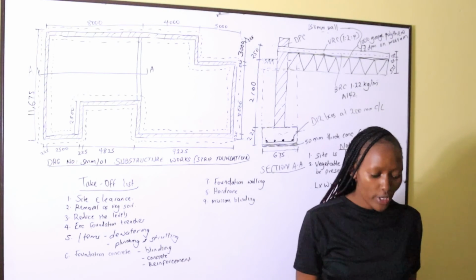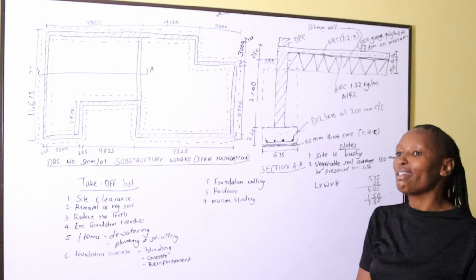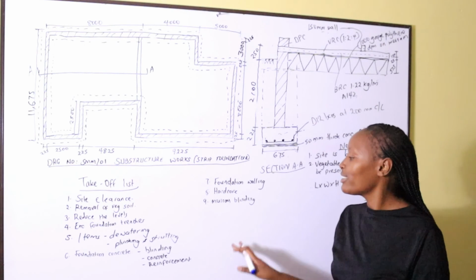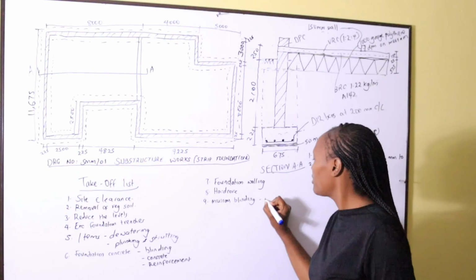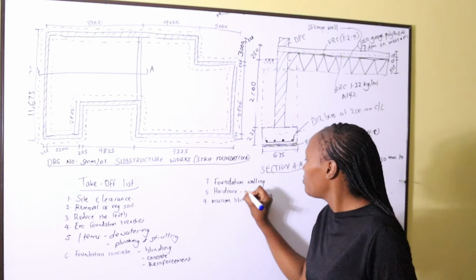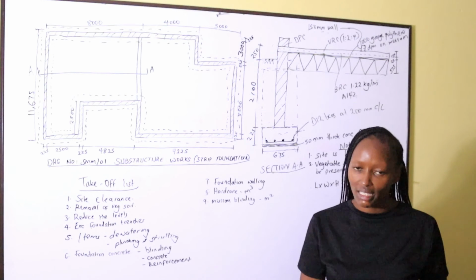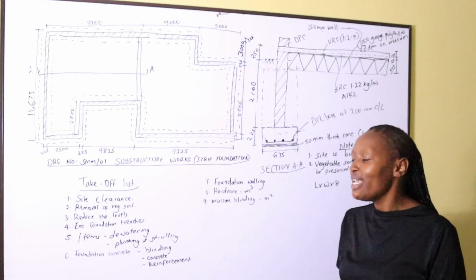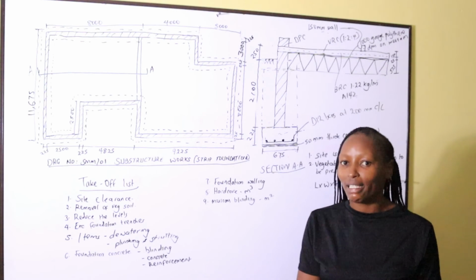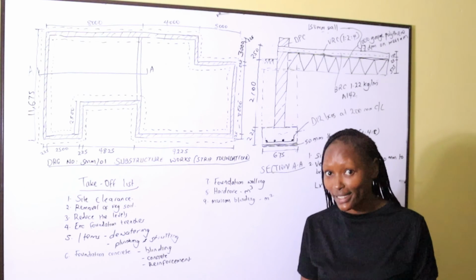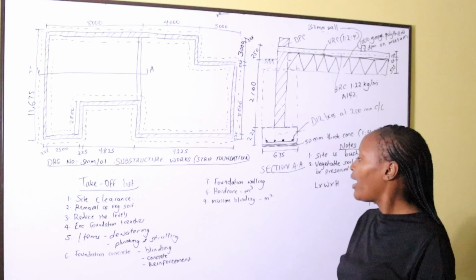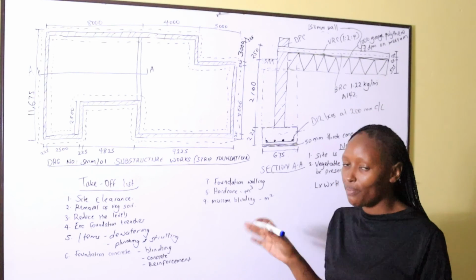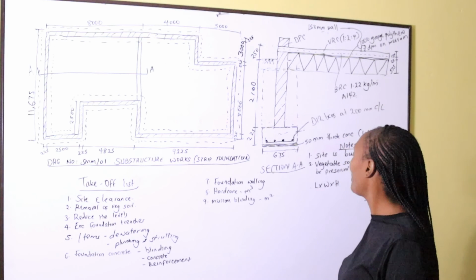For the maram blinding, we will take the internal length times the internal width, only the area. So this one is measured in meters squared, but hardcore is measured in meters cubed. That is the difference. But it is the same area that hardcore occupies that maram blinding occupies.